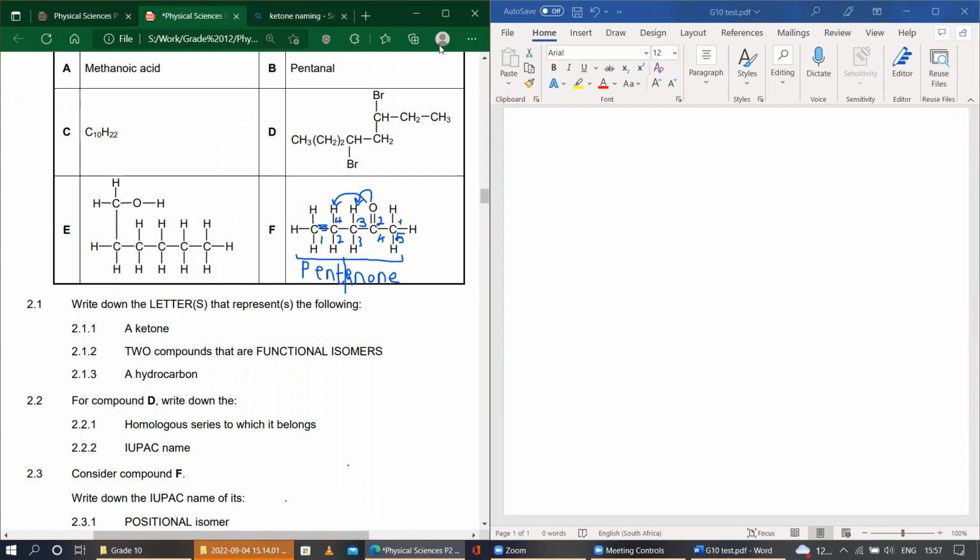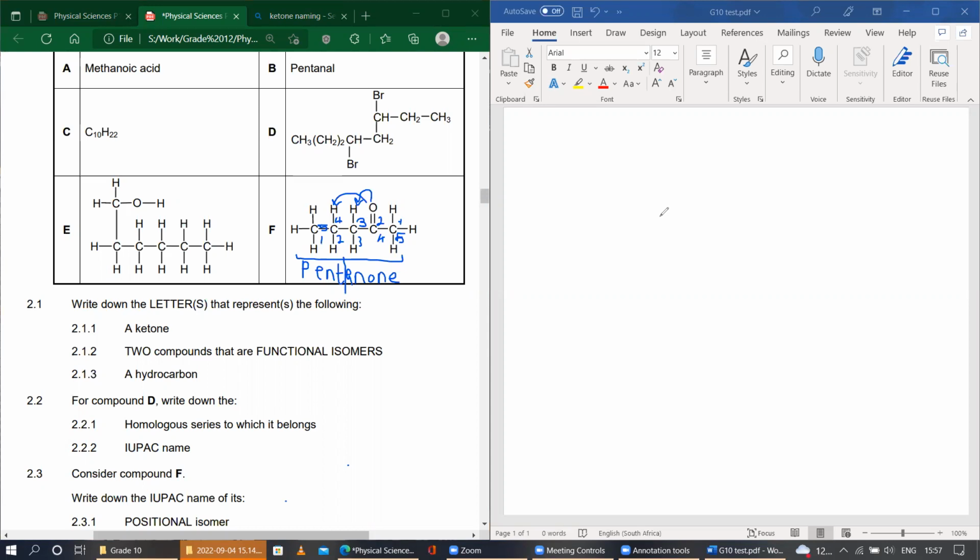Since this is a straight chain, an isomer has the same chemical formula, just with a difference here and there. Sometimes it's via the structure, sometimes via the position of a certain atom or element.